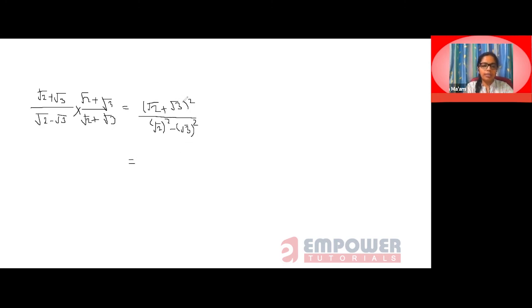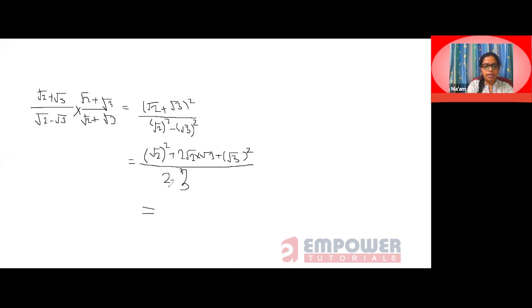Now this is (a plus b) bracket square, so I can write it down as a square, that is root 2 square, plus 2ab, that is 2 into root 2 into root 3, plus root 3 square, right? Upon 2 minus 3.